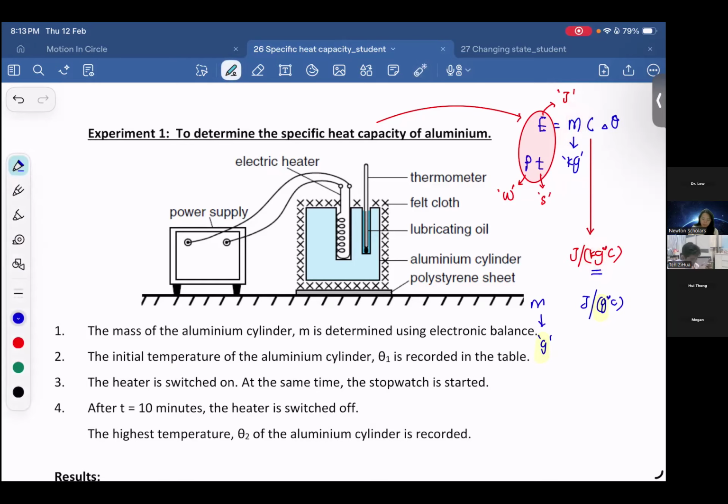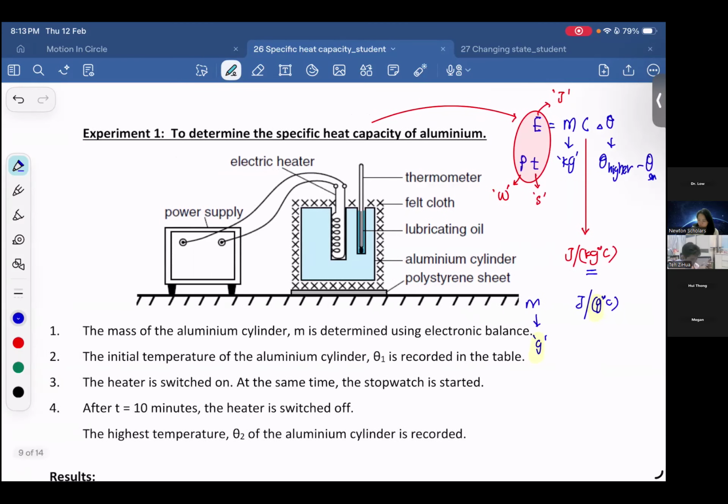And then the change in temperature. Please make sure you use the higher temperature minus the smaller temperature. Okay, for the experiment, we want to find C, which means we need the rest of the information. First, the mass: you need to measure the mass of the aluminium block using a balance.